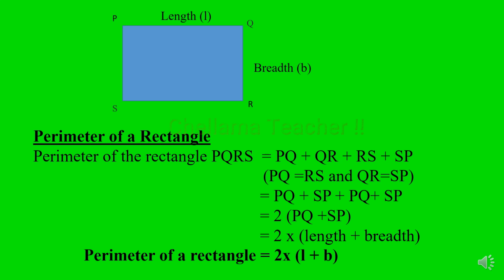Here opposite sides are equal, that is the property of rectangle, so that PQ is equal to SR. And also QR is equal to PS or SP. So the perimeter is equal to PQ plus SP plus PQ plus SP. Here 2PQ plus 2SP. So 2 into PQ is the length and SP is the breadth. So perimeter of a rectangle is equal to 2 into L plus B.